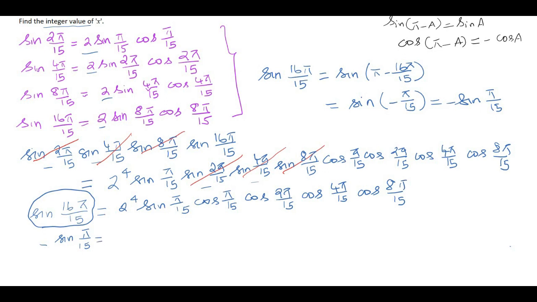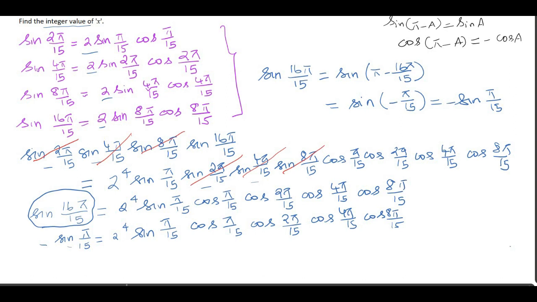Minus sin pi by 15 is equal to 2 power 4 sin pi by 15 cos pi by 15 cos 2 pi by 15 cos 4 pi by 15 cos 8 pi by 15. So we are only talking about the product. Okay, when I read like that, it means the product of such terms. Okay, so there's minus symbol here, and also there is the sin pi by 15, sin pi by 15.